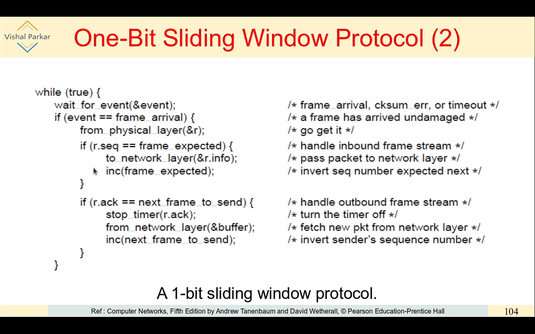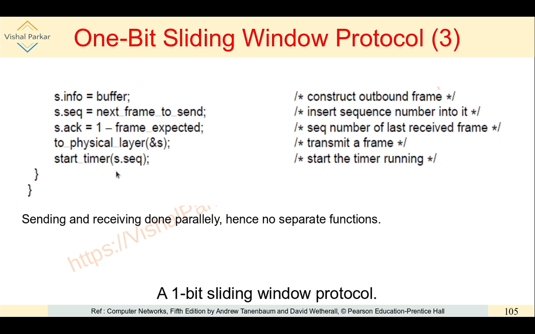Up till this, we have seen two different functions, one for sender and one for receiver. Here, the same function is working for both sender and receiver. There is no separate functions given here. They are working parallelly.